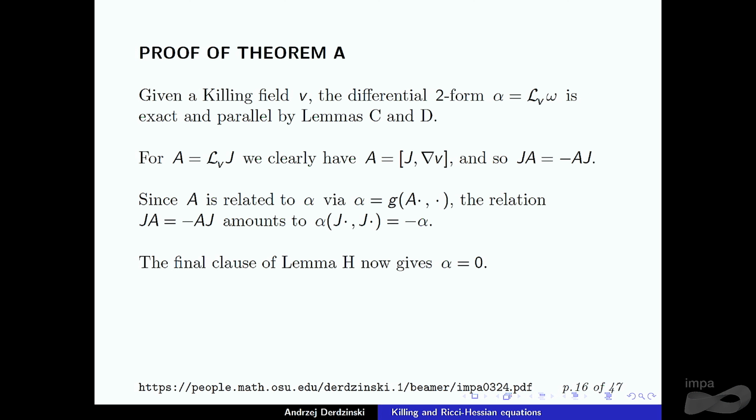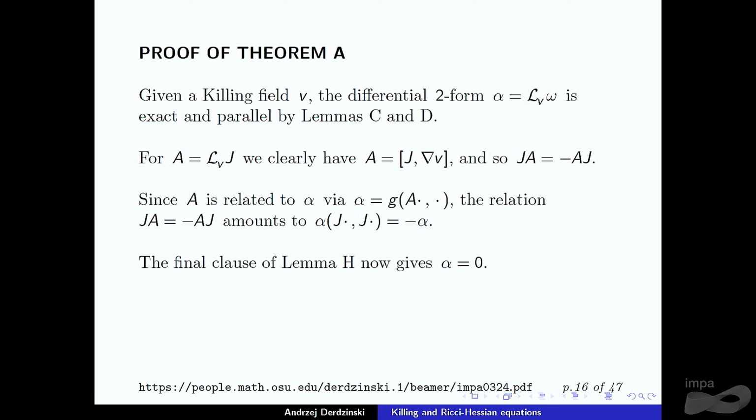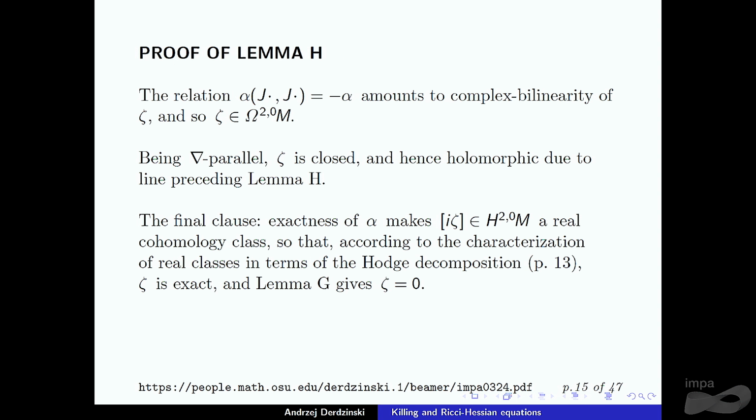So now what we are looking at is this observation that this form is holomorphic and exact. Alpha is exact because it was the Lie derivative of a closed form.